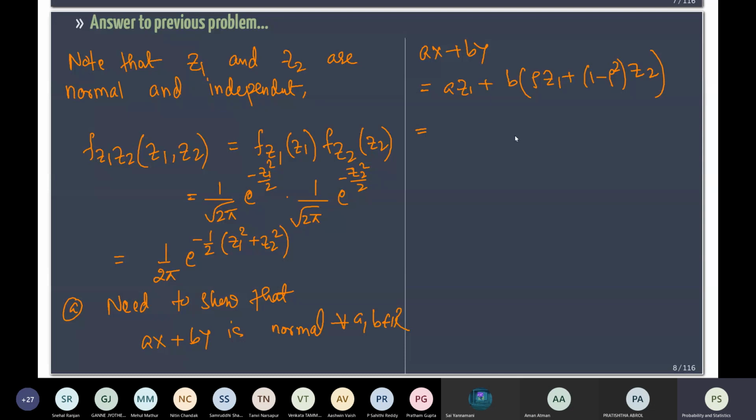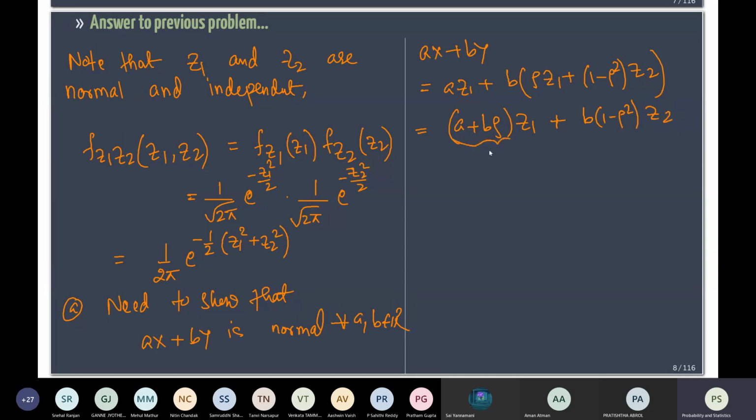Okay, now what do we have here? So this is like A Z1. Here I can take something common: A plus B rho Z1 plus B square root of 1 minus rho square Z2.